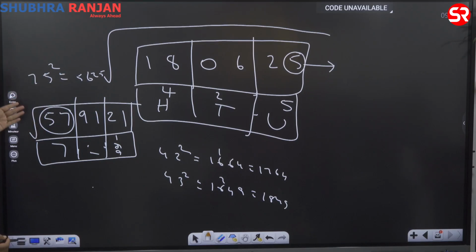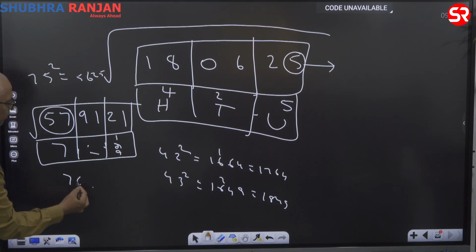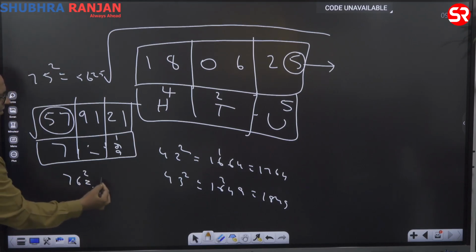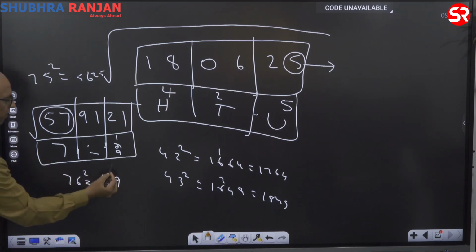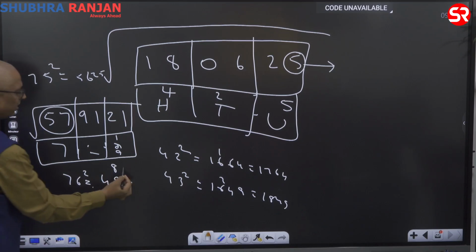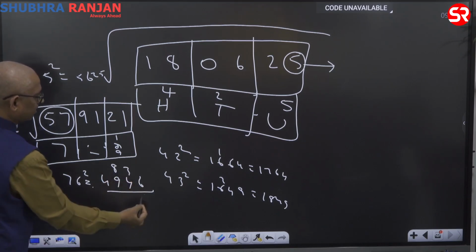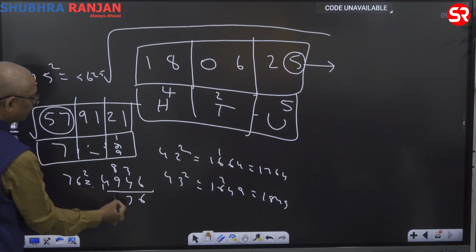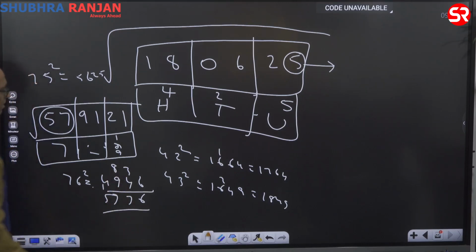Okay, so we will go greater than 5625. 571 is greater than that, so we will take 76 square. 76 square means 49, 42, 42, 84, and then 6 square is 36. So 5776, it is less. There is no need to check 77 as well because it is near. So 76 is the answer.